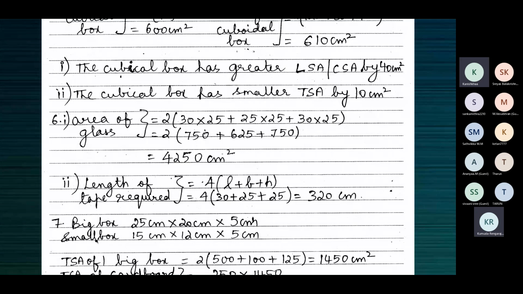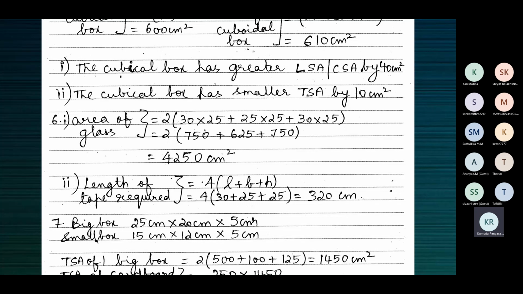Okay, thank you, Kanishka. And what about the dimensions of the small box? 15 centimeter, 12 centimeter, and 5 centimeter, ma'am. Did you read from the book or from the presentation? From the presentation, ma'am. Thank you, Kanishka. That's what I wanted.